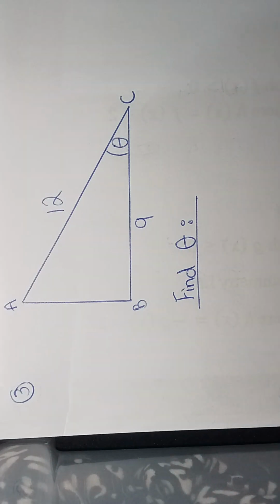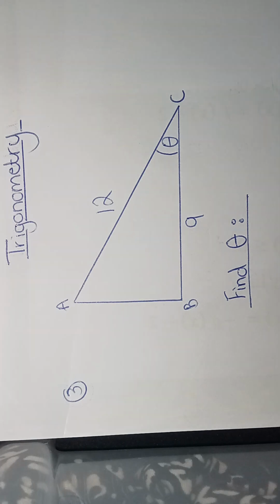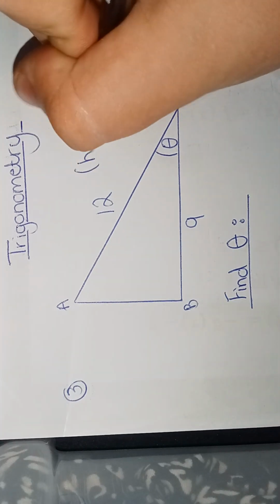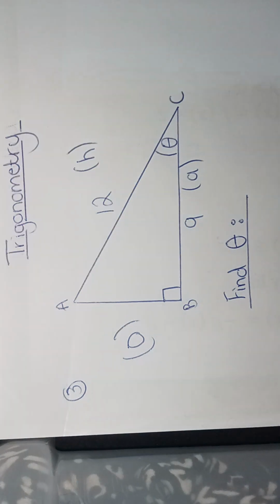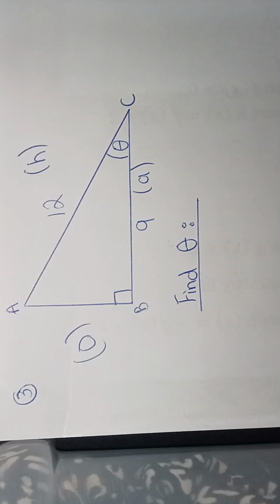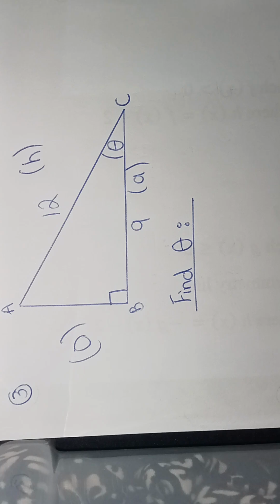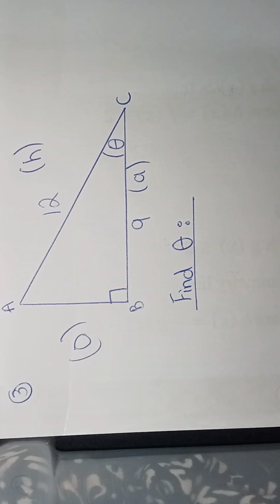Now, please take note. First thing, always fill in your sides: hypotenuse, adjacent, and opposite. Of course, the 90 degrees, otherwise you can't use trig functions and trig concepts. We'll get to trig functions in a later video.